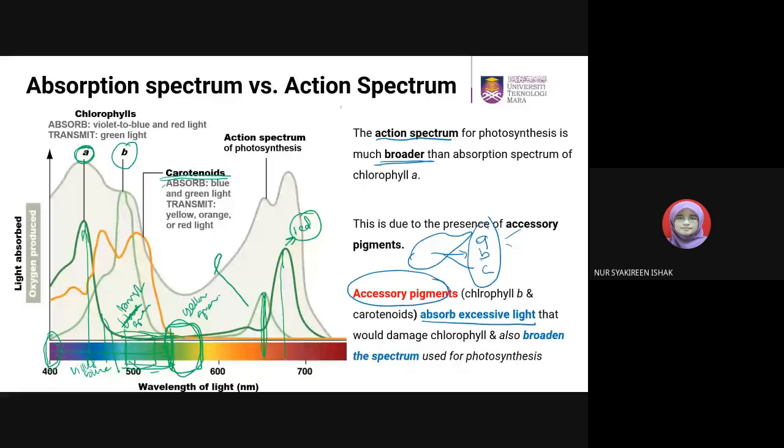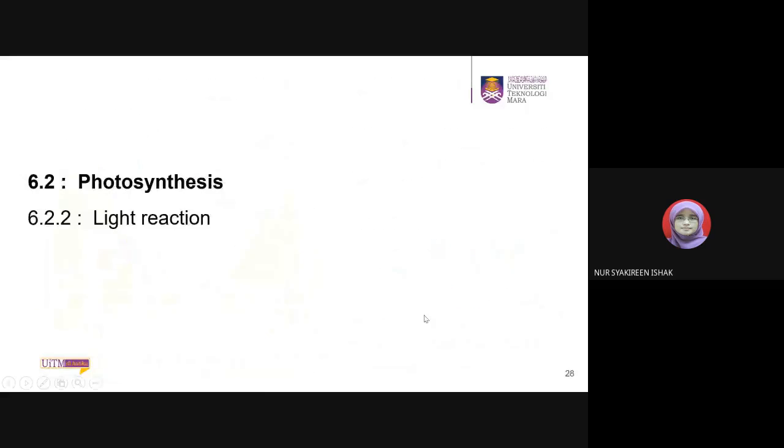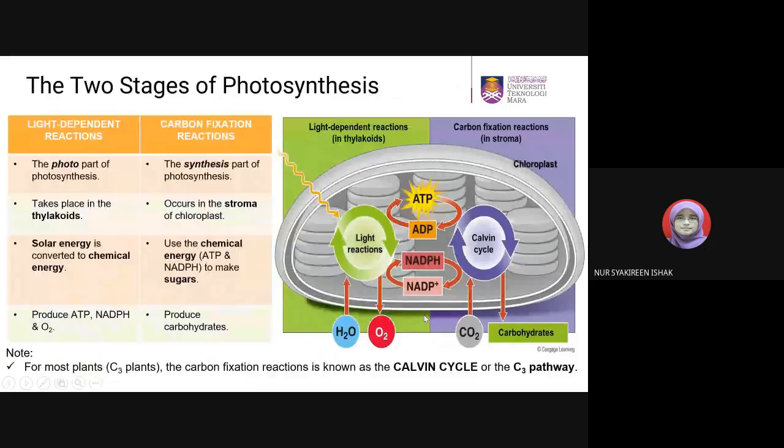Okay, so maksudnya dengan adanya accessory pigment ni, photosynthesis akan berlaku secara maksimum sebab ada banyak lagi pigment ni boleh absorb excessive light sebagai sumber energi tambahan untuk melakukan photosynthesis. Okay, so it broadens the light spectrum that the plant can use. Okay, so itu fungsi accessory pigment. Alright.